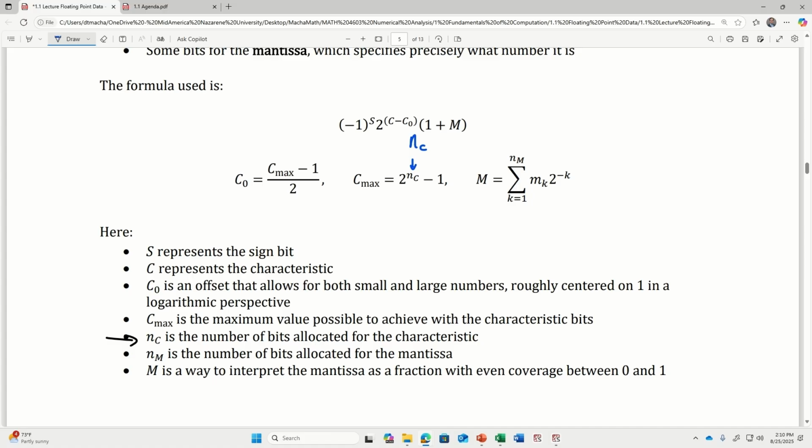Capital M is a way to interpret the mantissa, but you'll notice in this little summation here, it's like what we've been doing with place value in the binary system, but since this is a negative exponent, it's like place values on the right side of the decimal.